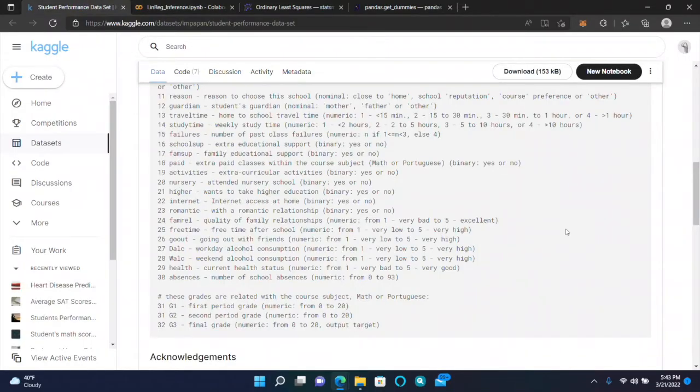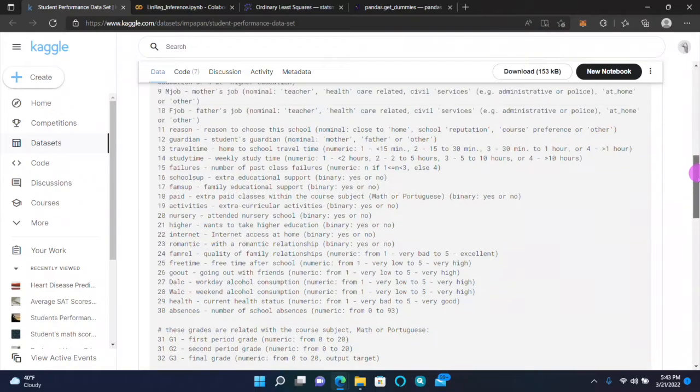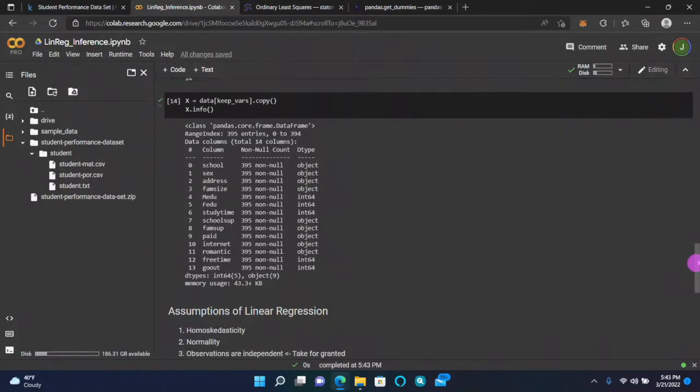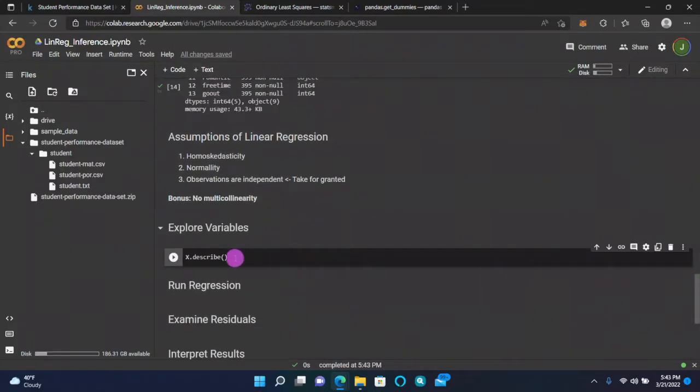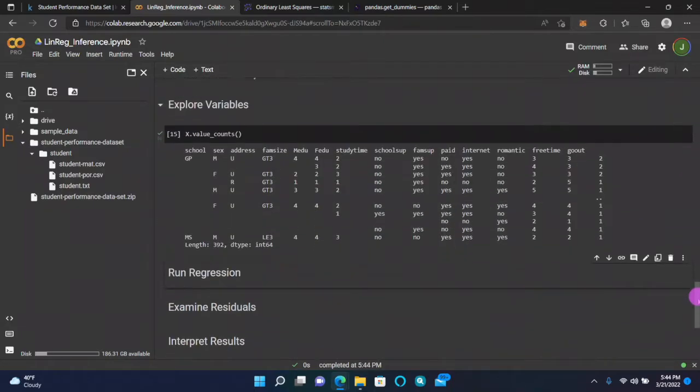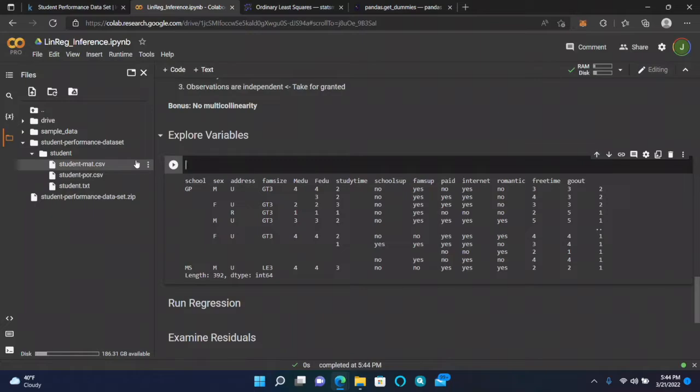And if we go over here and look at the descriptions, then we can see that mostly they're either binary outcomes or they're 0, 1, 2, 3, 4, 5 outcomes. So this describe actually isn't going to do anything for us. How about value counts? Let's see what we can get from this. There's way too many of these. Forget that.